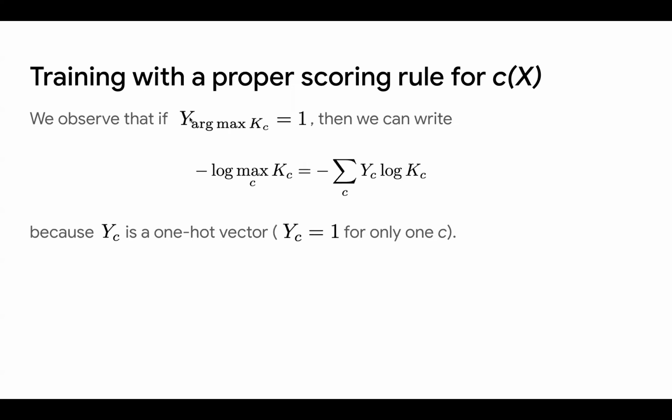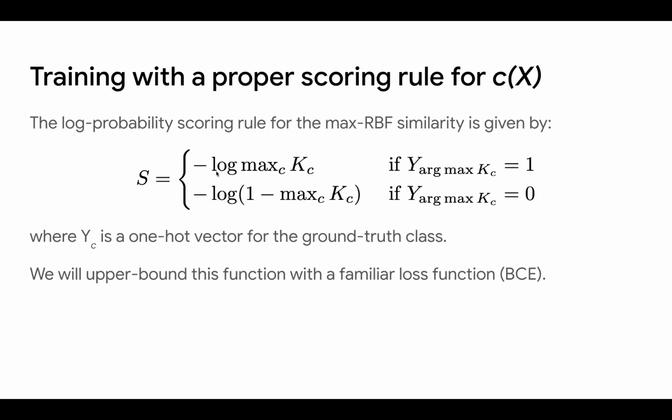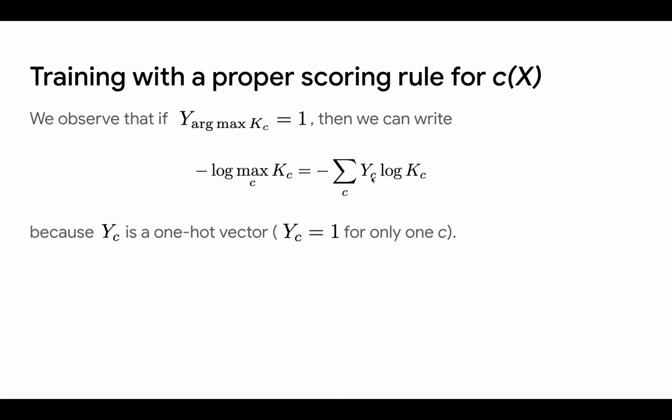If this prediction is correct, the argmax value for K is correct, then we may write the first term, minus log max K, as a summation over YC log KC. Why is that? Because YC is a one-hot vector. So this summation can be written as log of K with some index, where the index corresponds to the case where YC is 1.